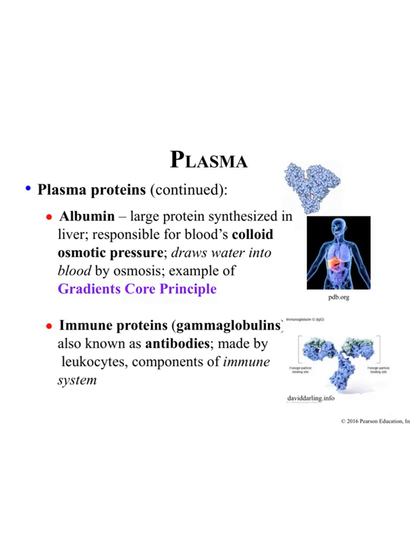So if we talk about the differences or functions of these plasma proteins, as I mentioned, albumin is by far the one that we have the most of. It makes up over 50%. It's a very large protein, and like most plasma proteins, it is made by the liver. It's responsible for maintaining blood's colloid osmotic pressure. What does that mean?